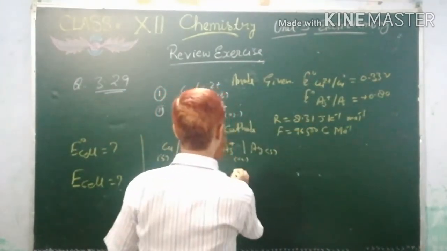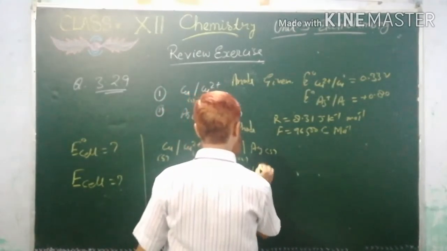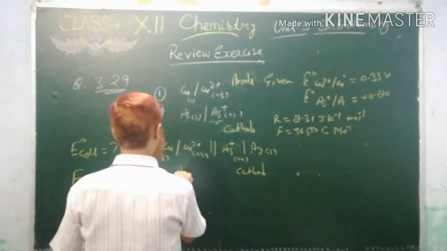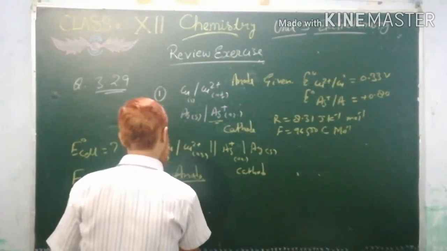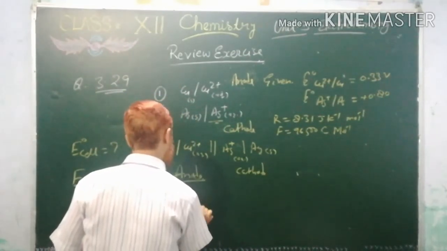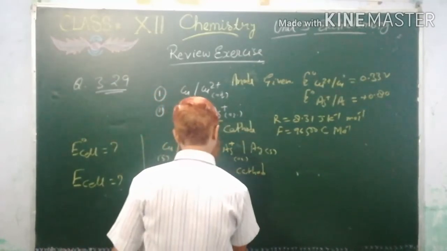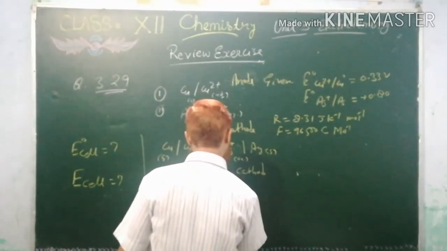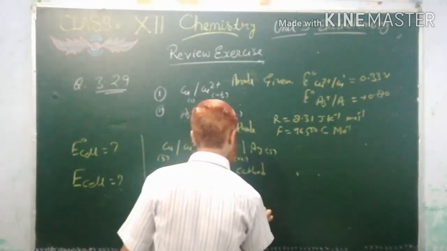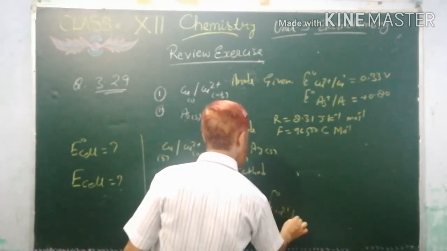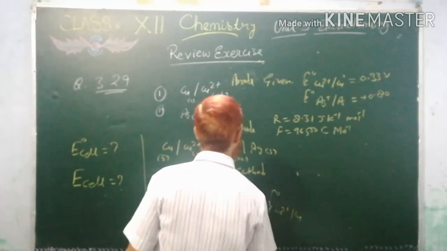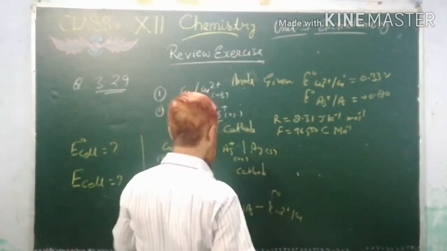In this one, this is the cathode and that is the anode. I hope that you can do it easily. E naught cell will be equal to E naught cathode, Ag plus upon Ag, minus E naught Cu2 plus upon Cu. The values are given, you can substitute and you will get the answer.